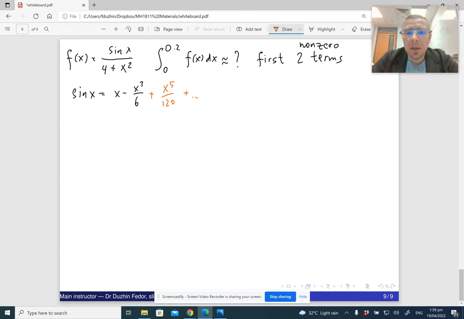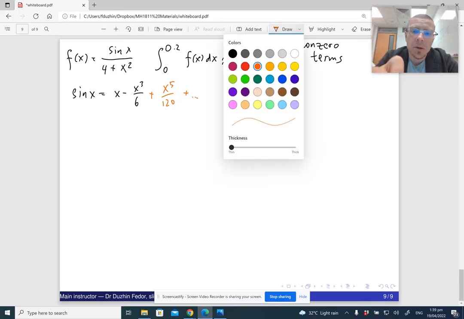But we are only interested in the first two non-zero terms of the product. If we have x to the 5 here, it's not going to appear among the first two non-zero terms, so we don't really care about it. Essentially, we can replace sine x with just x minus x cubed over 6.